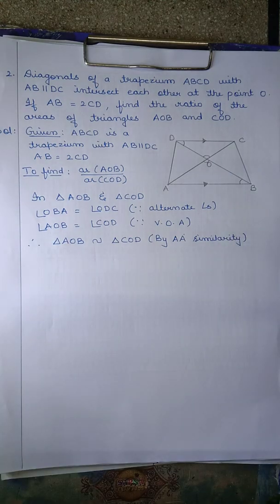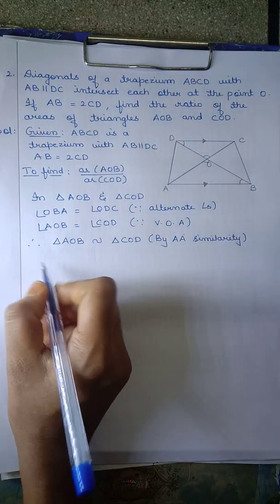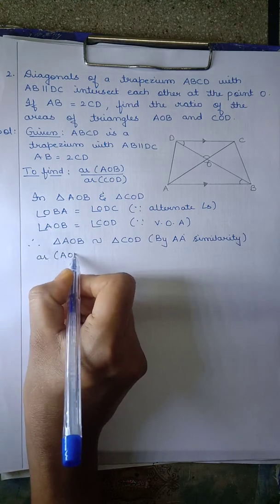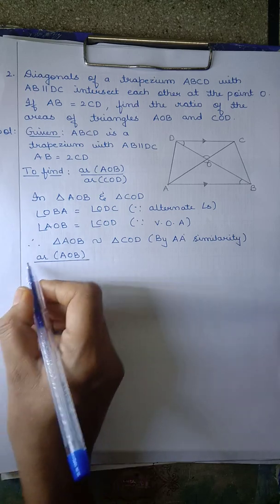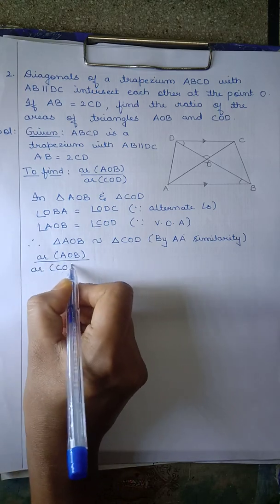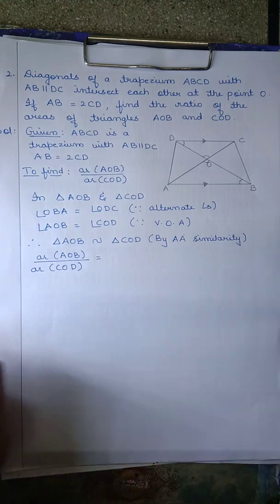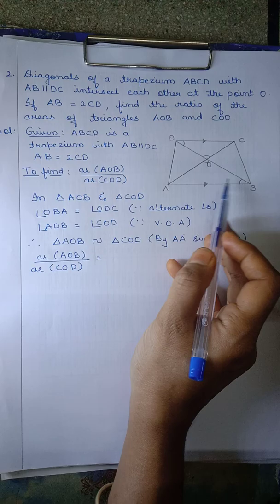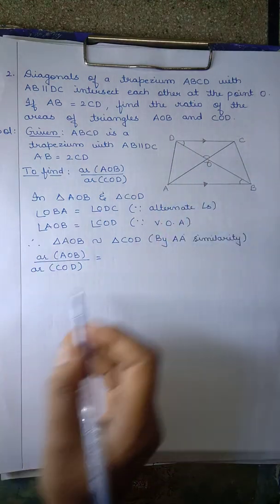Okay, now when the triangles are similar, according to the theorem, we can write area of triangle AOB upon area of triangle COD is equal to, now AB is equal to twice of CD is given, so take the corresponding sides AB and CD ratio.